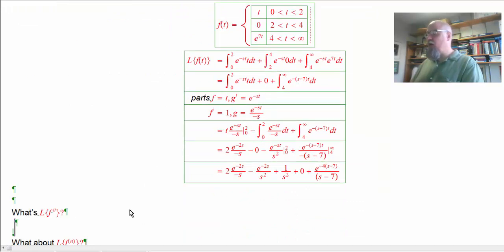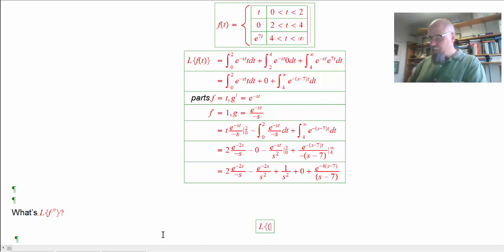So we do already have the Laplace of the first derivative, the Laplace of y prime. What about the Laplace of the second derivative? Well, the way we'll set that up is, let's think of the second derivative as the derivative of the first derivative. So it's y prime prime. That way, I can use my Laplace formula for the derivative.